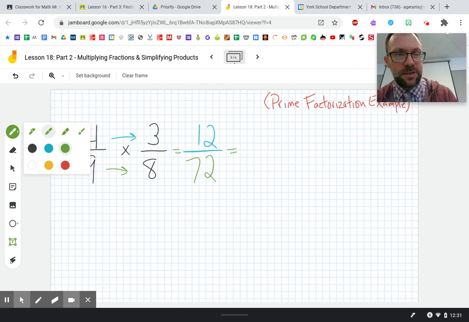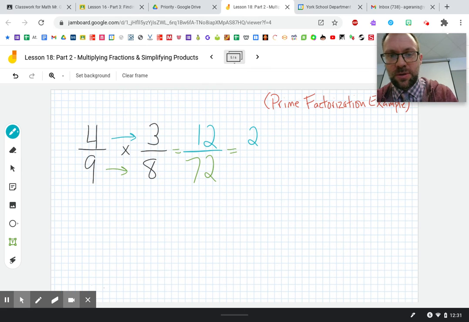All right, let's see here. 2, that is a prime factor of 12, but 6 is not. 6 is the same as 3 times 2. That's 6. Okay, so there's a prime factorization of 12. Now 72. Why don't we take, I don't know, I like 8 times 9.